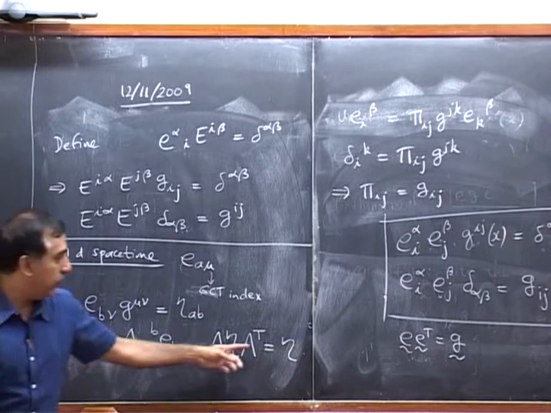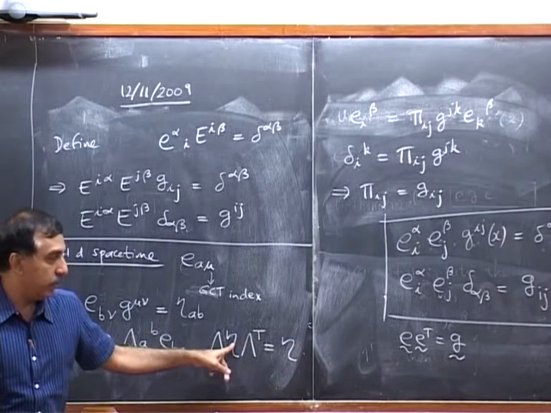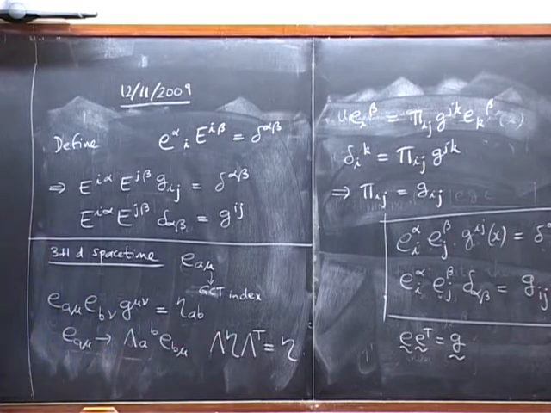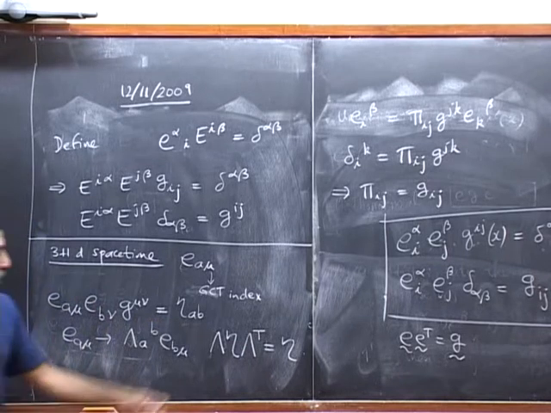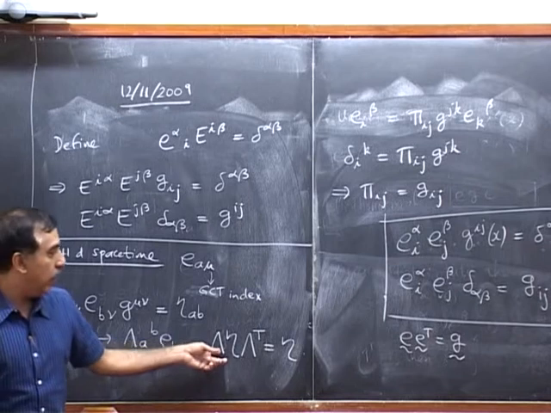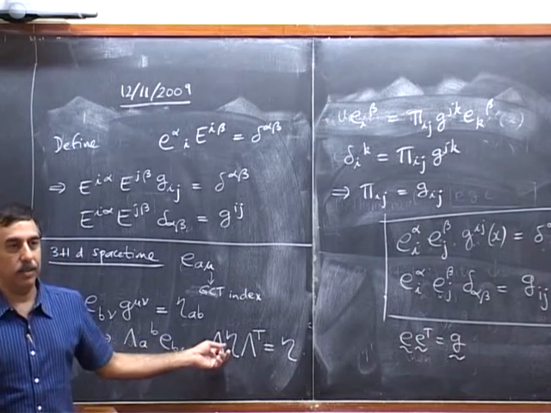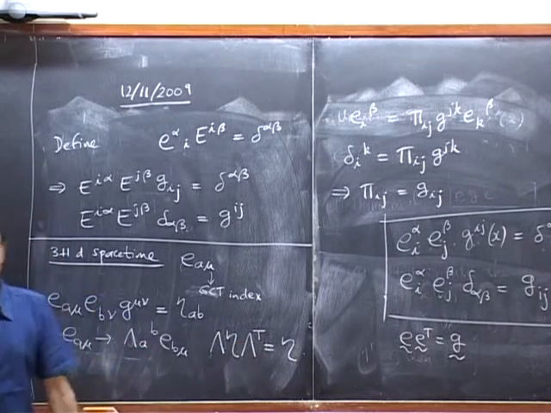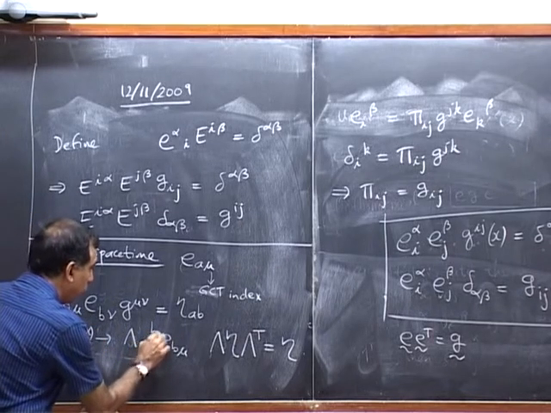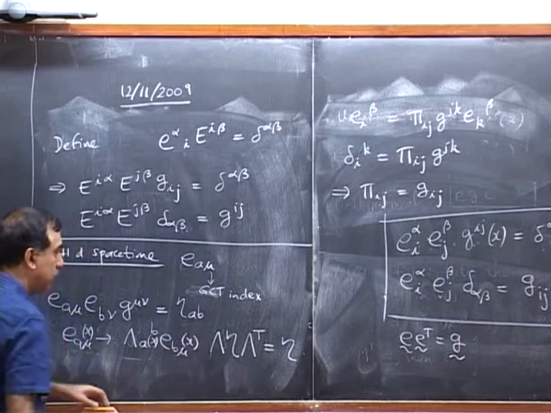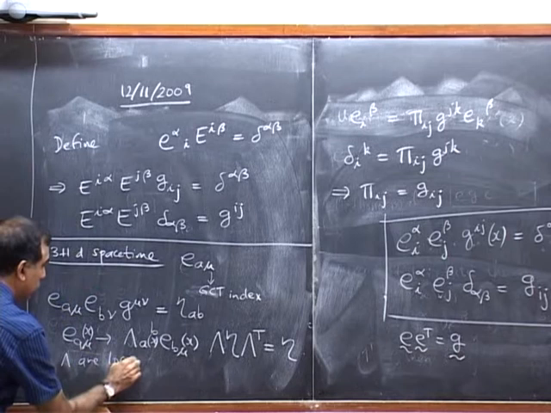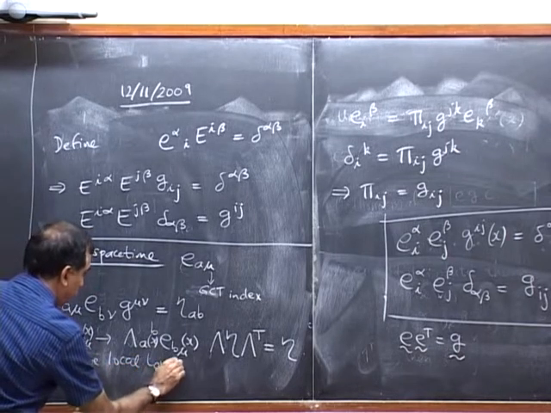If eta had been replaced by delta, which is the same as 1, then Lambda Lambda transpose was 1 and we would have orthogonal rotations. But because eta is minus 1, plus 1, plus 1, plus 1, whatever Lambda comes out to be are Lorentz transformations. This is the definition of Lorentz transformations. But remember, this is the dangerous part. Everything depends on x. So Lambda are called local Lorentz transformations.